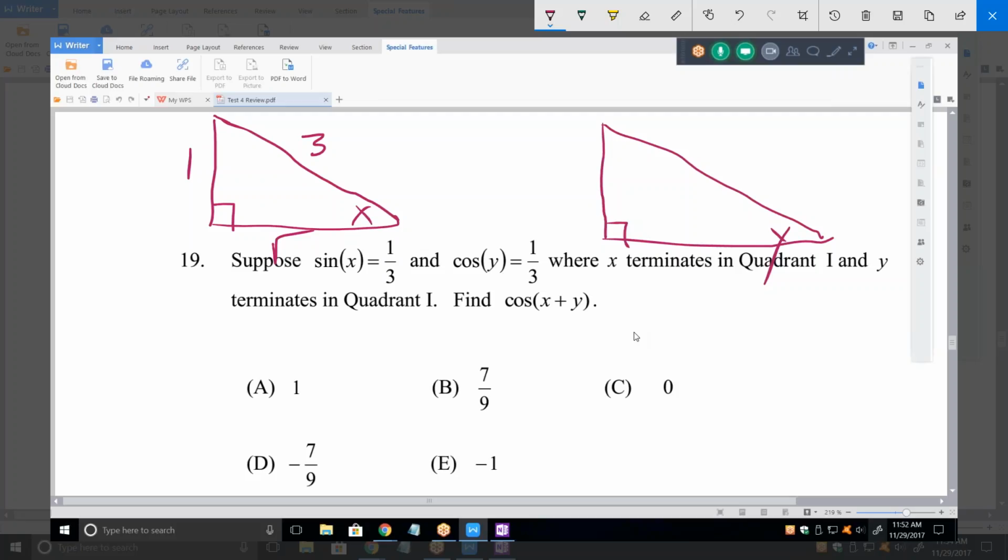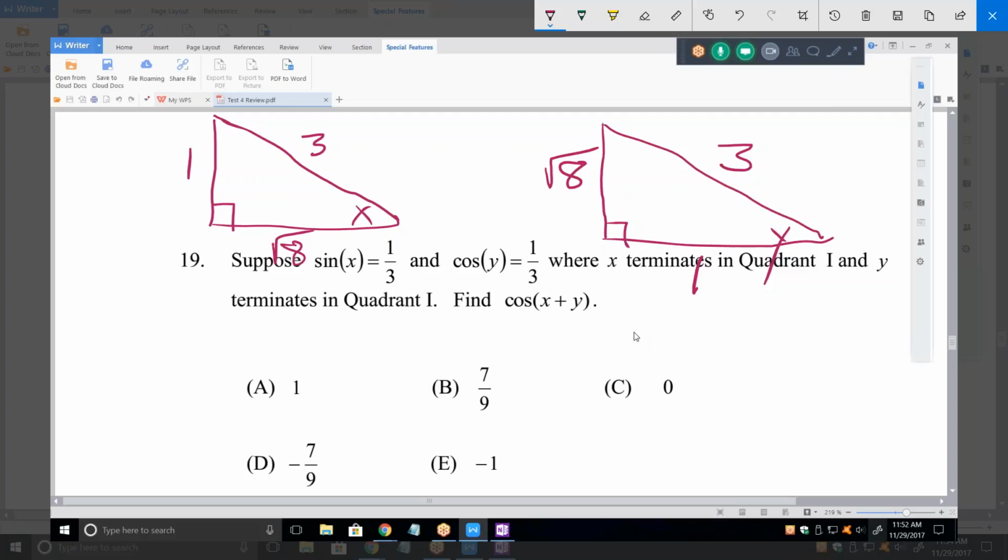No, it's the hypotenuse squared minus the other side squared. Square root of 8. Now dimension y. If the cosine of y is 1/3, hypotenuse is 3, adjacent's 1, and then opposite's square root of 8.